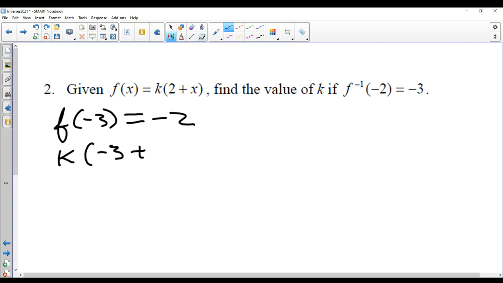Sorry, I'm saying that wrong. 2 plus k times minus 3 should be equal to minus 2. All I'm doing here is plugging in the minus 3 into this function, and I'm setting it equal to minus 2. Wherever I had x, I'm putting in minus 3 in there.